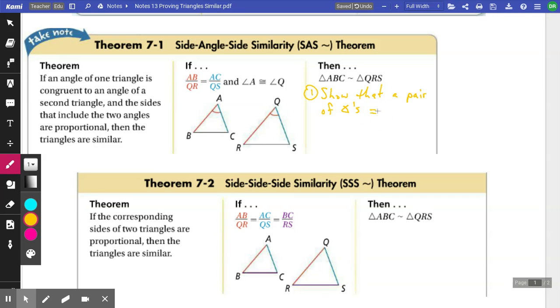And now we also have to check the sides. So the sides that we check are important. And on here, you can see there's a red side here, and a blue side here and here. And what's important is that the sides that we compare, they have to create the angle that we marked as congruent.